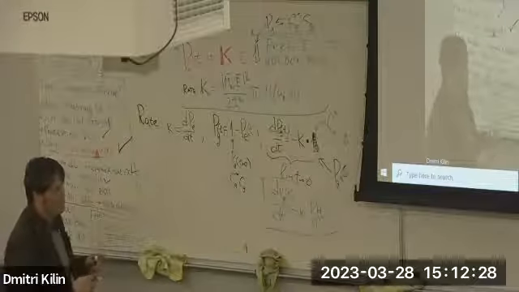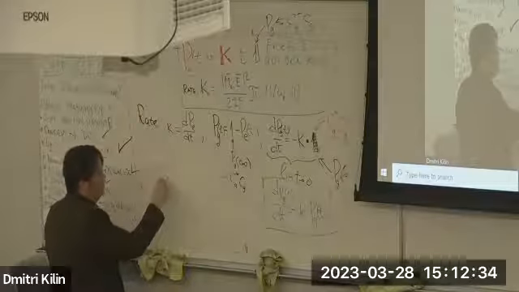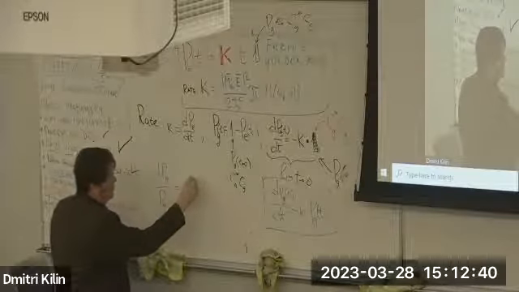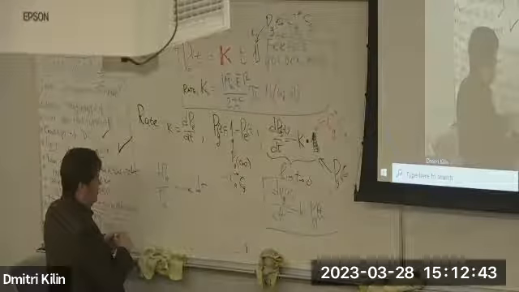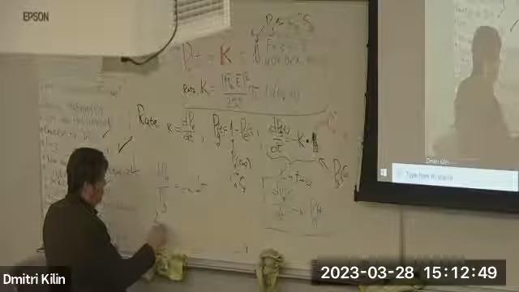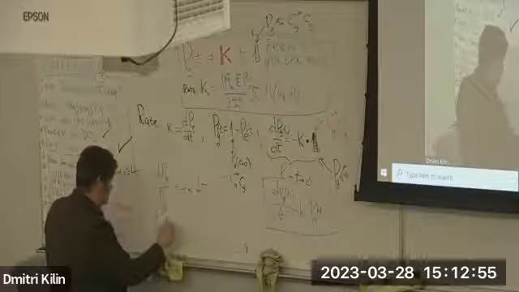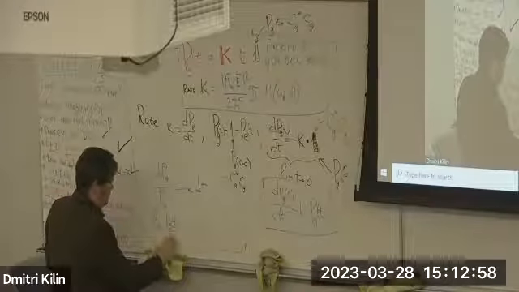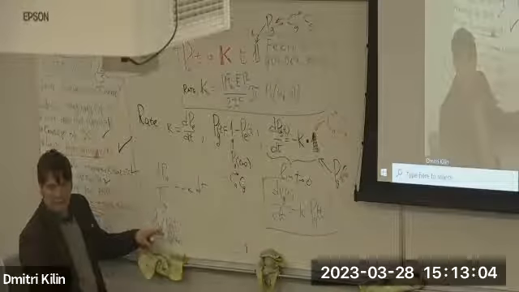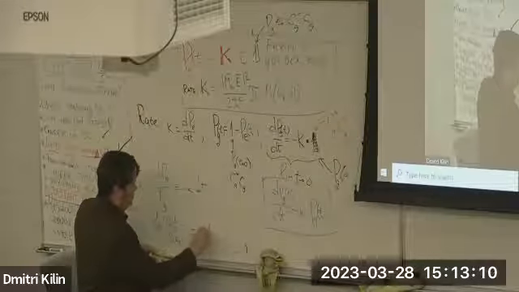If possible, we put variables on different sides: dP ground over P ground equals minus k dt. So we get the log of P ground, with limits, initial and final, equals minus kt.